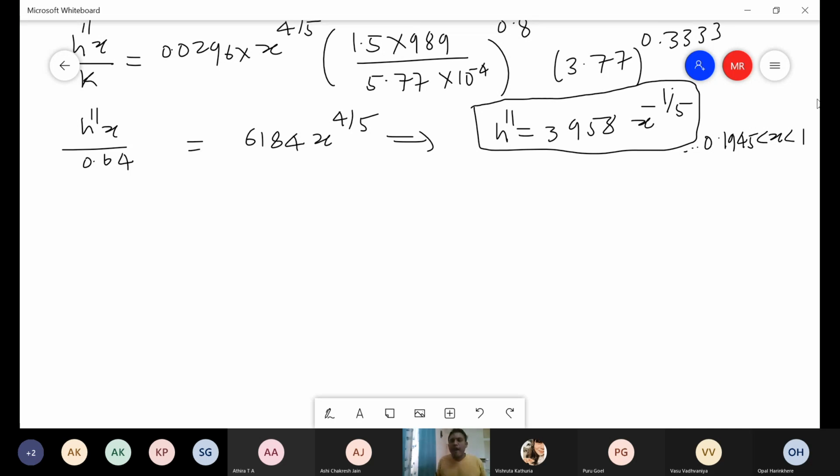Now we have to find out what will be the average heat transfer coefficient, isn't it? So the average heat transfer coefficient we can directly obtain by integrating both these.